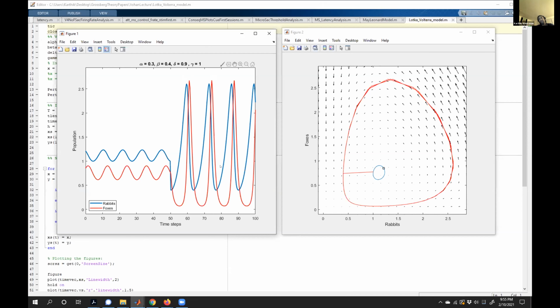And you can correspondingly look at the phase plane of the same. This is the phase plane of the original cycle over here. They're going around in circles.